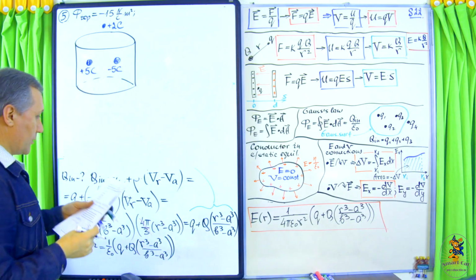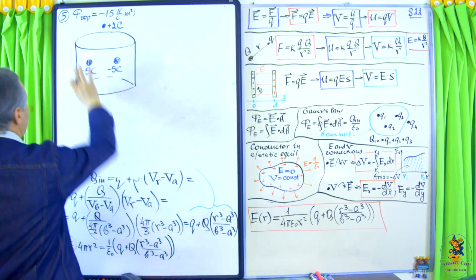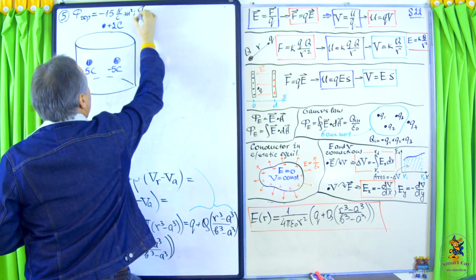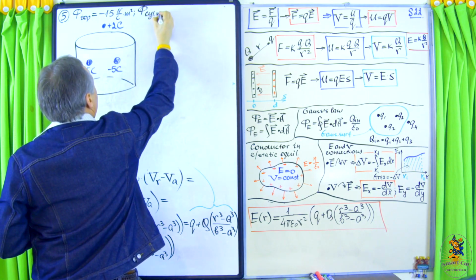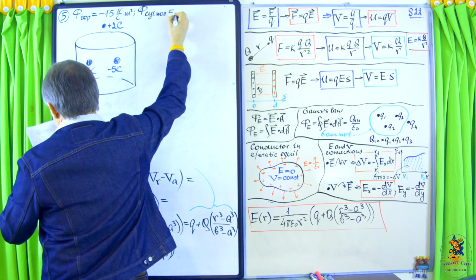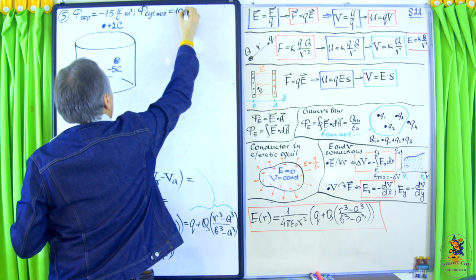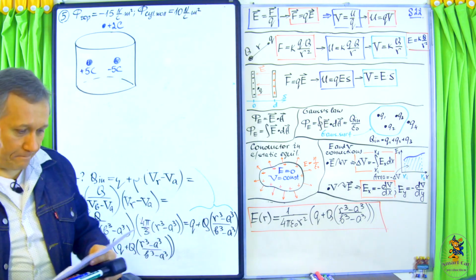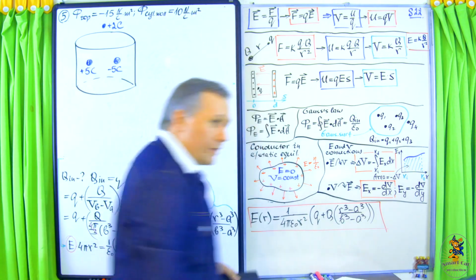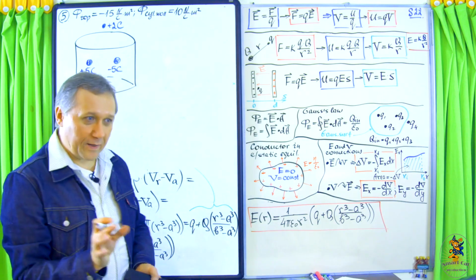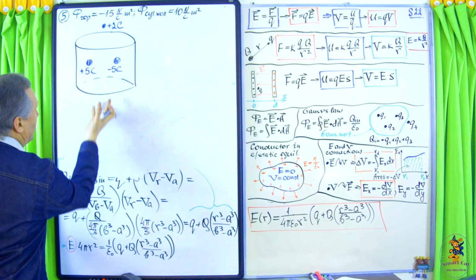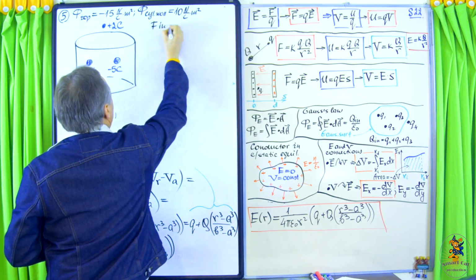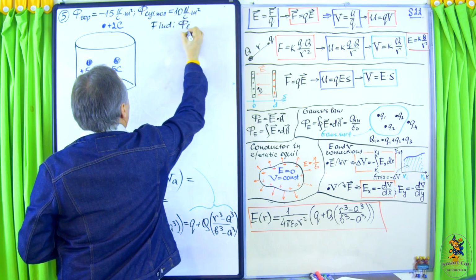Then there is also the flux through the cylindrical wall, which equals 10 newtons per coulomb times meters squared. Knowing this, we should be able to find the flux through the bottom. So what we need to find is the flux through the bottom.